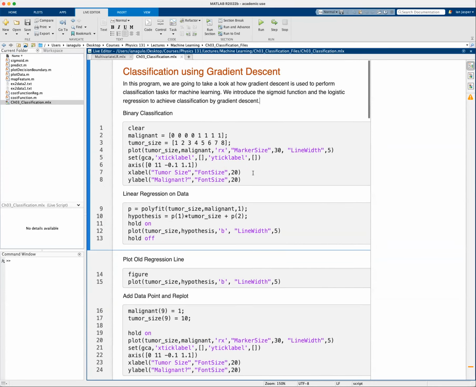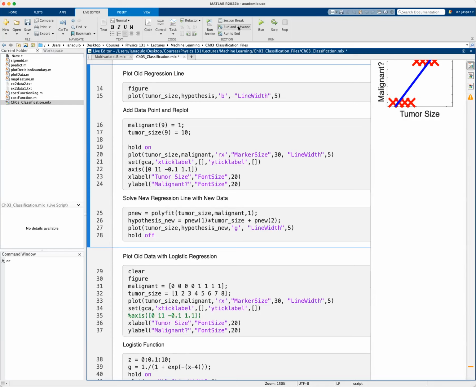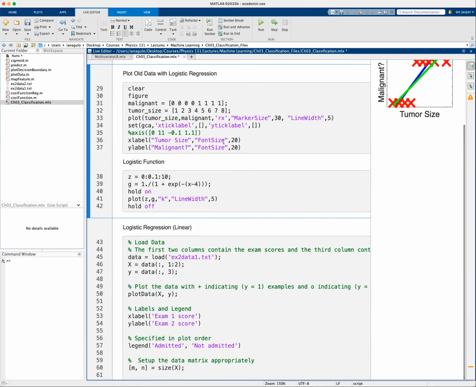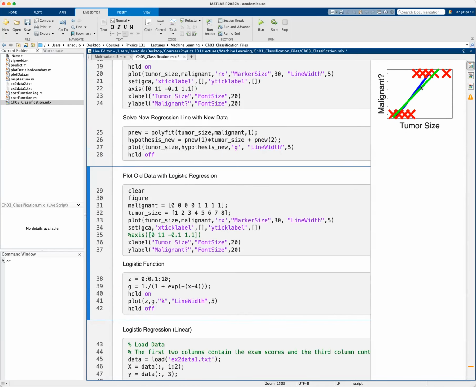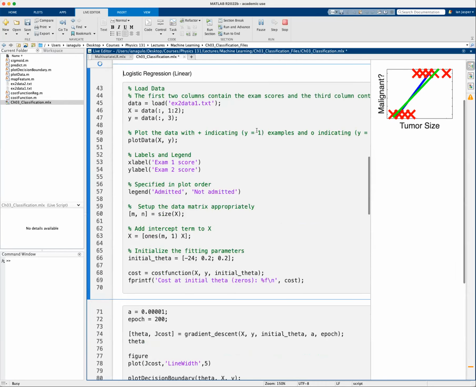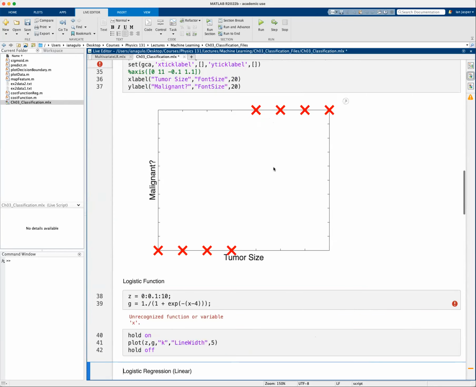Okay, so classify natin kung malignant or hindi yung tumor. So pag linear regression, ganyan yung lalabas. Pag nagdagdag tayo ng data, ganyan yung lalabas. And ito ang gawin natin.